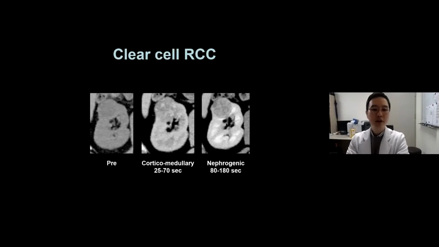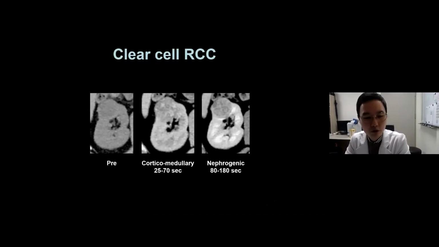The typical feature of clear cell carcinoma is that, because of its hypervascularity, it has a strong enhancement in the corticomedullary phase, which is around 50 seconds. However, this can be difficult to assess because the renal cortex also has a strong enhancement in this phase.